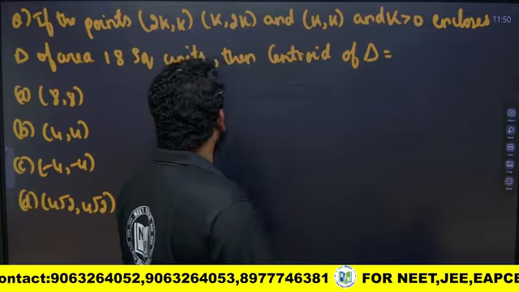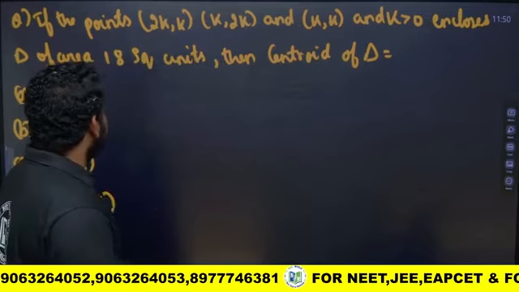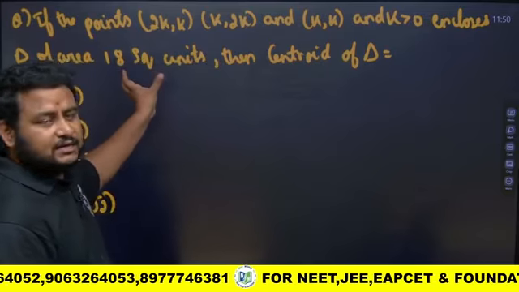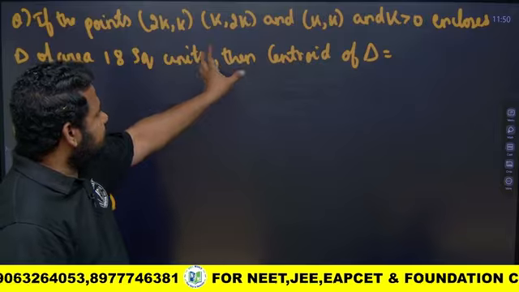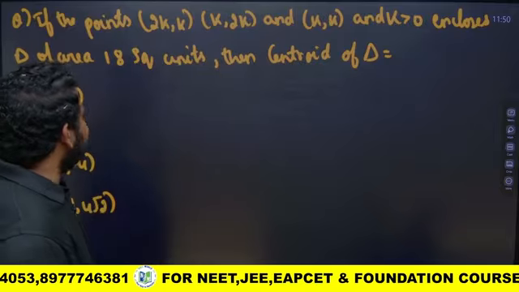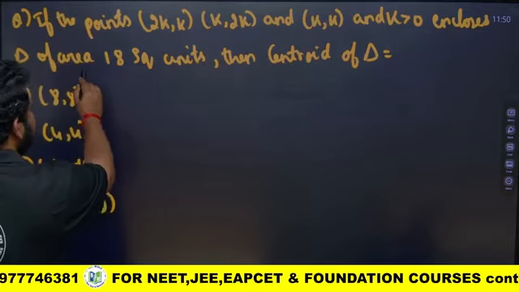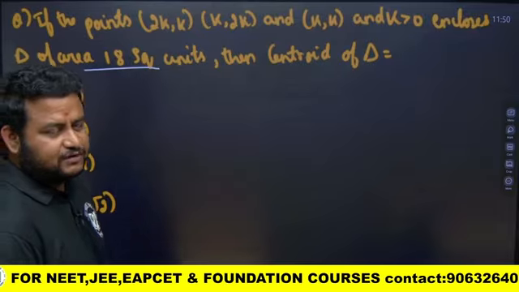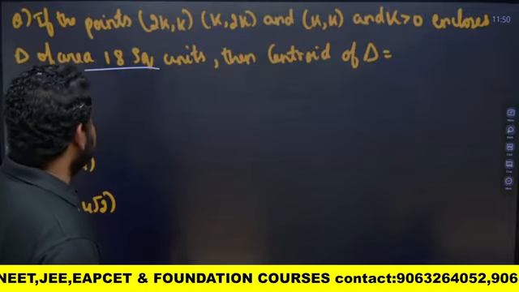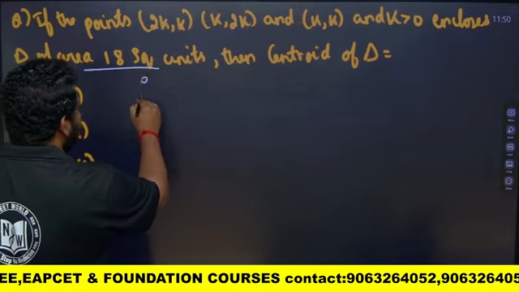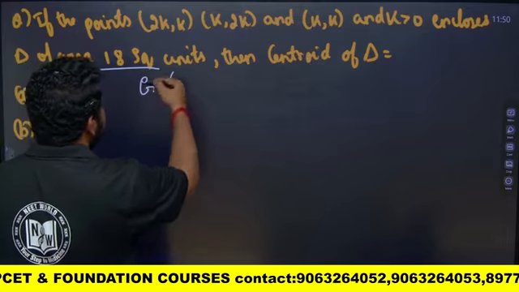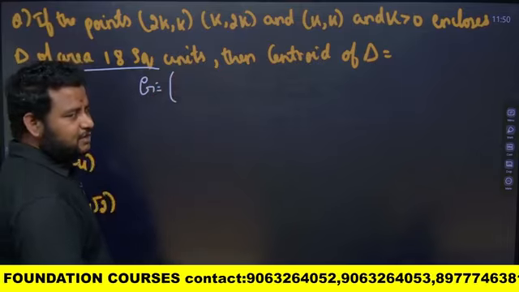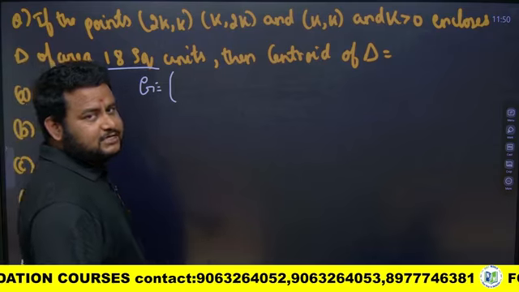Now let us solve a question based on centroid. It is given that the points (2k, k), (k, 2k) and (k, k), where k is greater than 0, enclose a triangle of area 18 square units. Then they are asking for the centroid of the triangle. For the centroid we have the formula: the sum of the x coordinates divided by 3, comma, the sum of the y coordinates divided by 3.